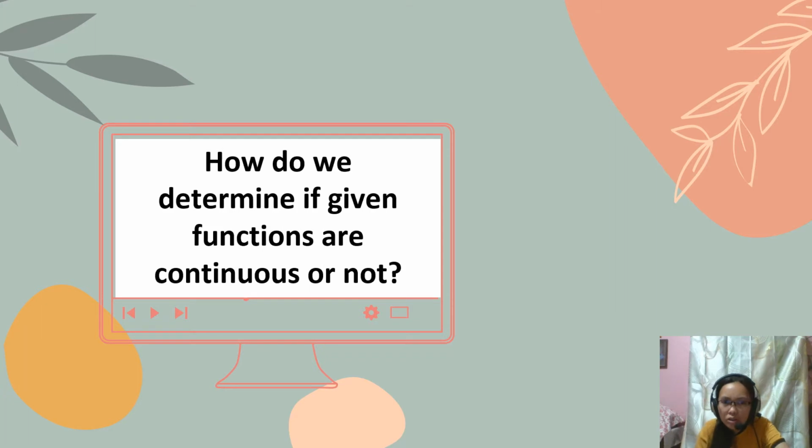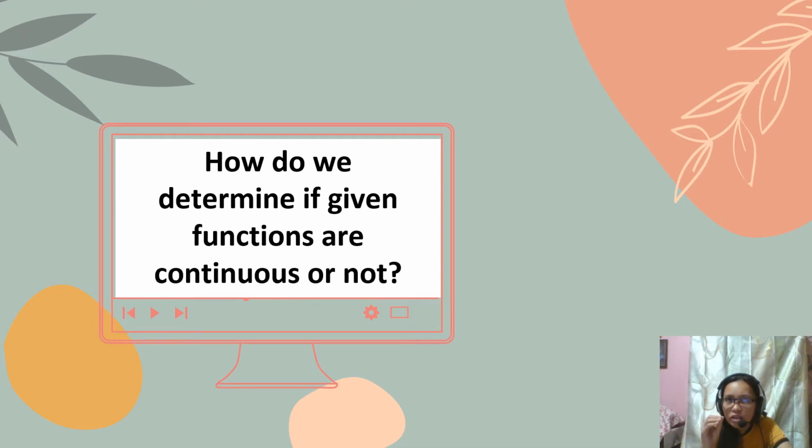Now, the question is, how do we determine if the given functions are continuous or not? This means that, for example, you are just given the function and you're not given the graph. So with a graph, you need to trace it, right? Using your hands or using your pen.